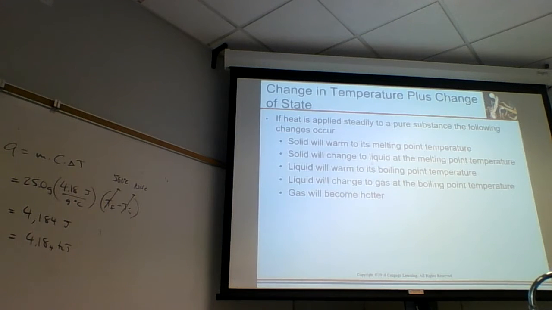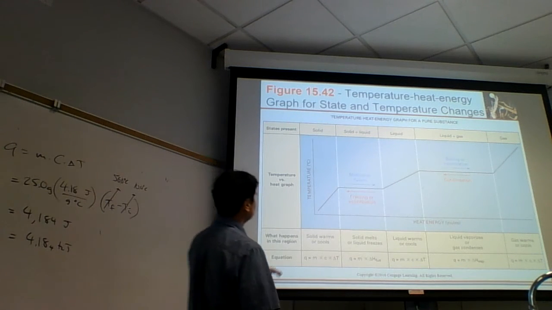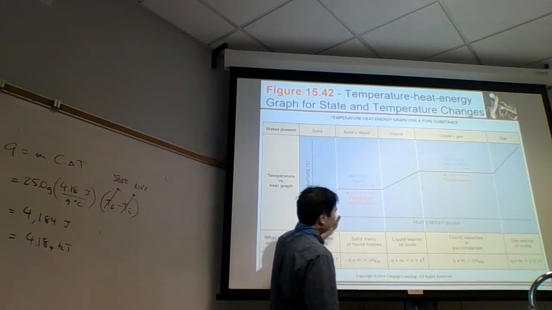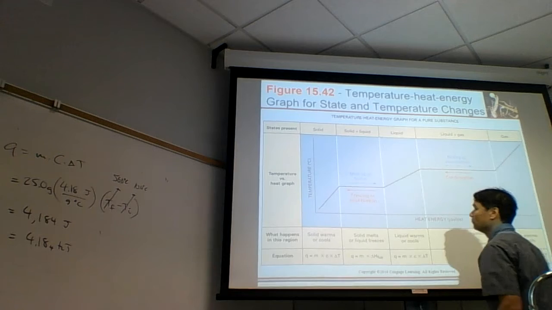Solid will change to a liquid at the melting point. Liquid will warm to its boiling point. Liquid will change to a gas at the boiling point. Gas will become hotter. We could summarize this in a diagram like this. This is what's happening. This is called a temperature versus heat graph. So we put the temperature on the y-axis and the amount of heat we're adding on the x-axis. So we add more and more heat as we go across here.